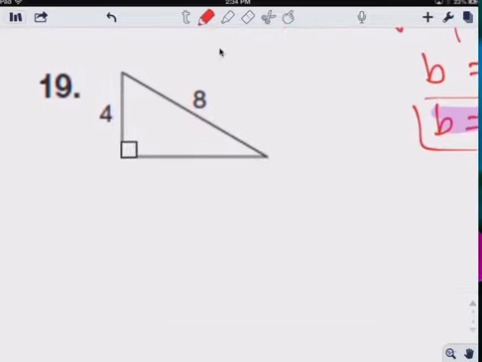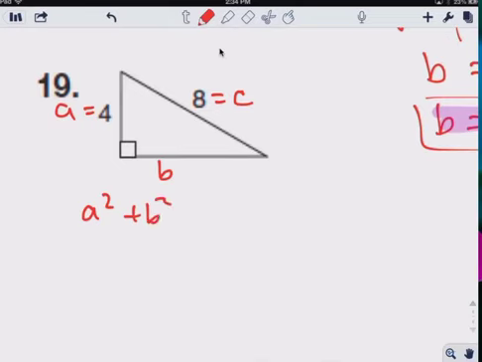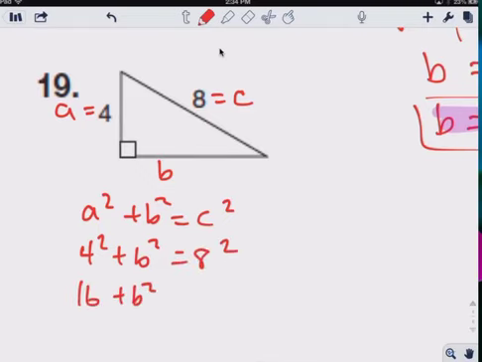The last problem, 19. 8 is C, it's the longest, it's the slanted one. 4 is A, and B we don't know, so a squared plus b squared equals c squared. 4 squared plus b squared equals 8 squared. 16 plus b squared equals 64, minus 16, minus 16.